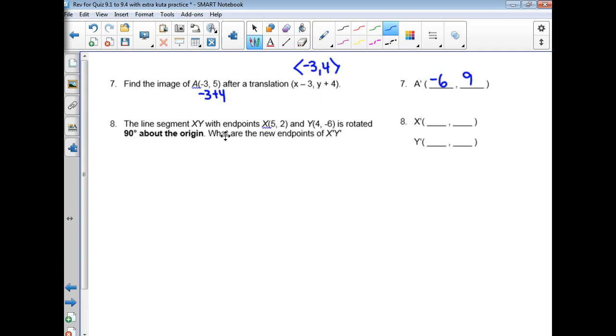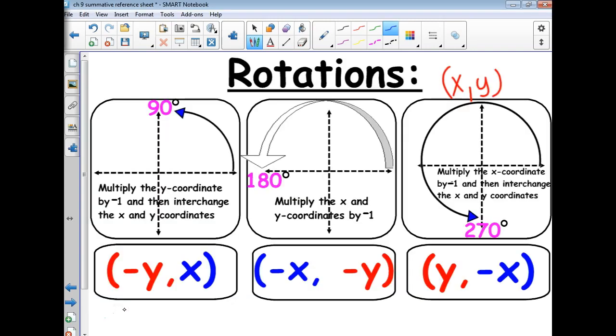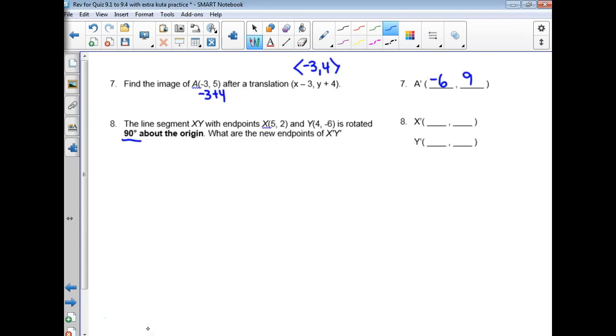Number 8 says the line segment XY with endpoints at 5, 2 and 4, negative 6 is rotated 90 degrees about the origin. So what we do is grab our summative reference sheet, go find what it says to do when you rotate 90 degrees. This symbol notation right here means change the sign of Y and switch X and Y. So that's what we're going to do.